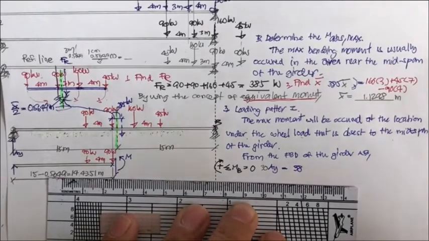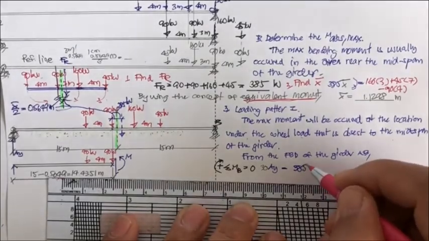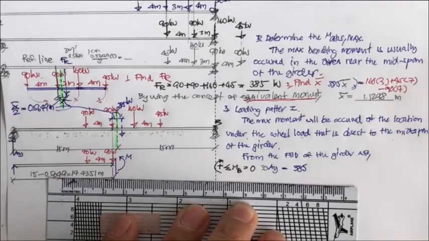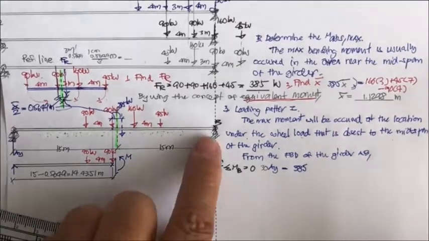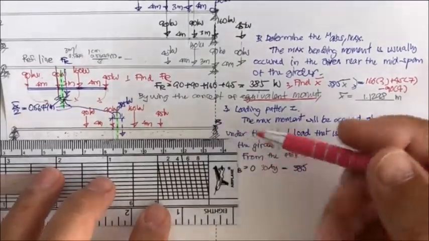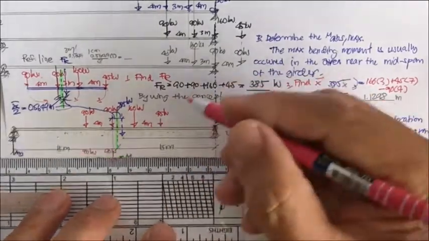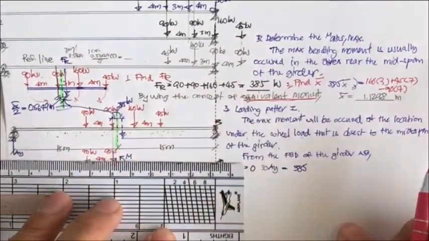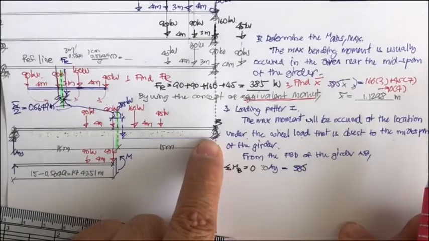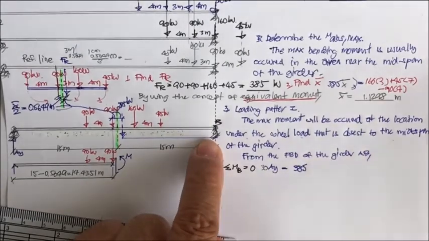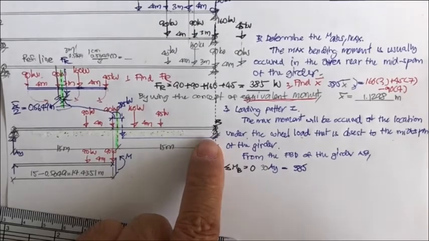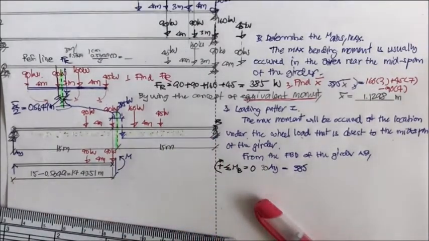What we have is we may use the F sub r, and then we take the distance of F sub r to the location of B. You understand that, right?